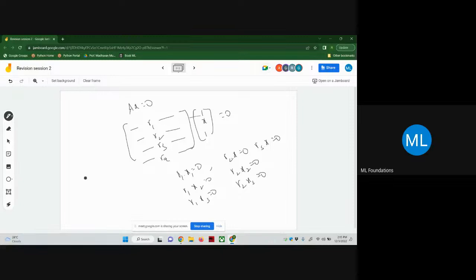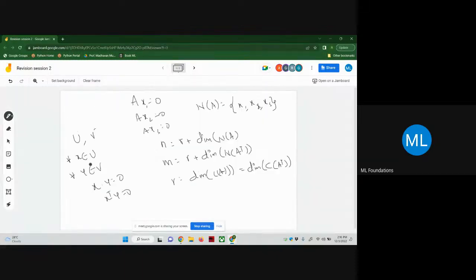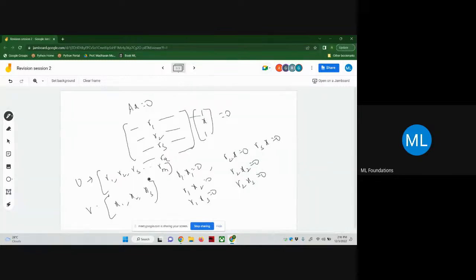So here u equals r1, r2, r3, and so on up to rm, and v equals the vectors x. So any vector in u is perpendicular to any vector in v. As I told you, if x dot y is equal to 0, where x belongs to u and y belongs to v, then u comma v are orthogonal subspaces.